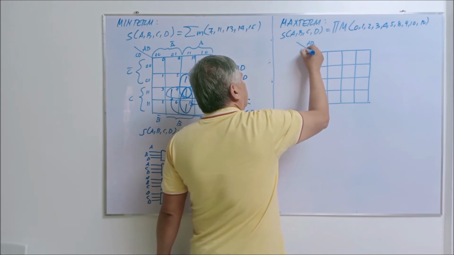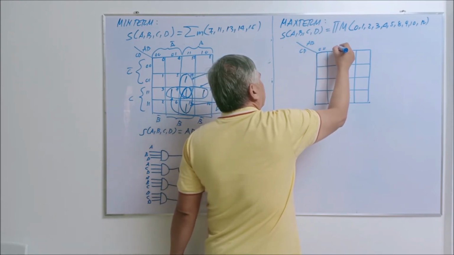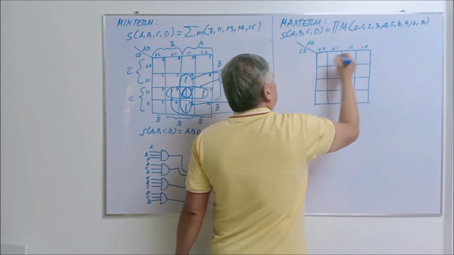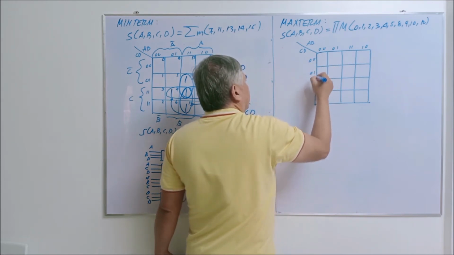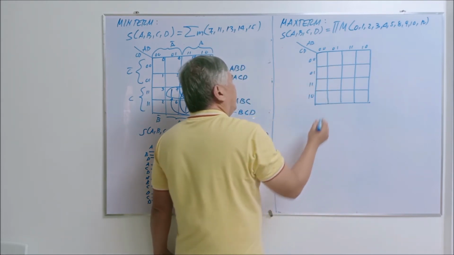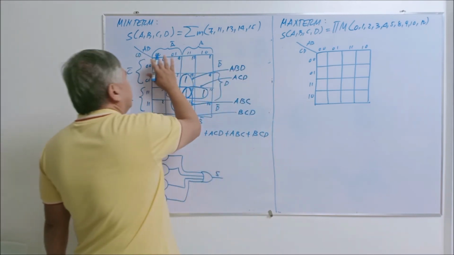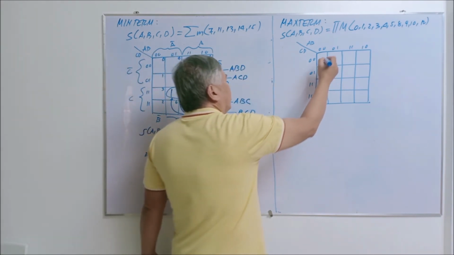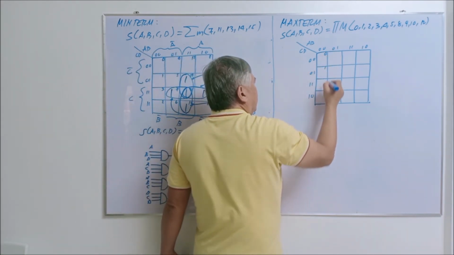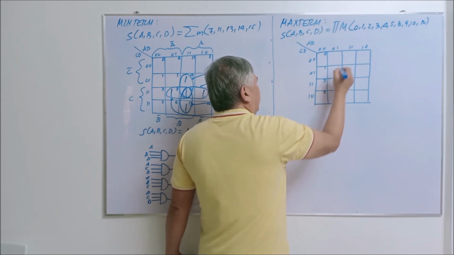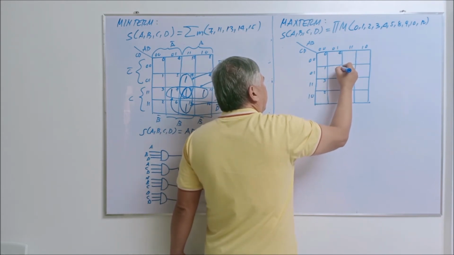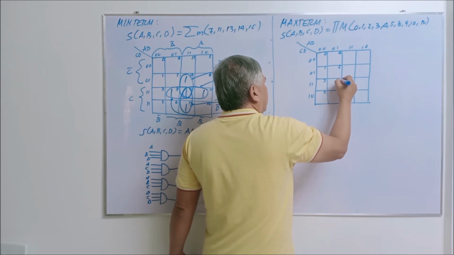A, B, C, D, 0, 0, 0, 1, 1, 1, 1, 0, 0, 0, 0, 1, 1, 1, 1, 0. Again, the same locations among numberings. You have 0, 1, 2, 3, 4, 5, 6, 7.